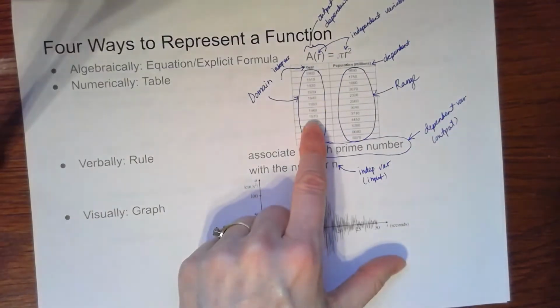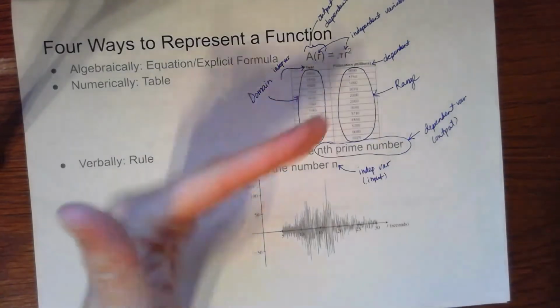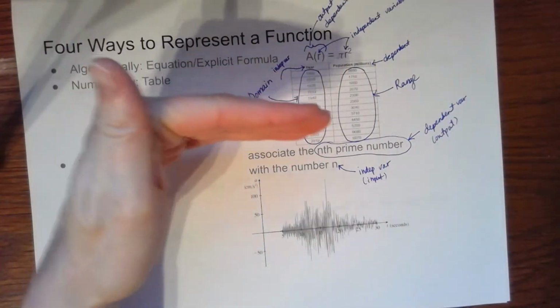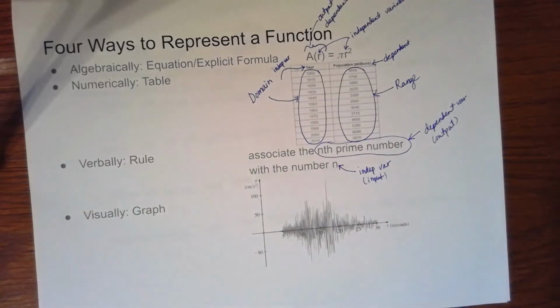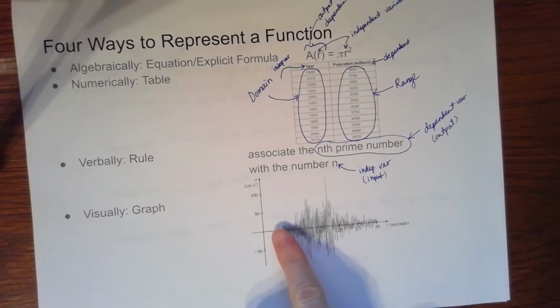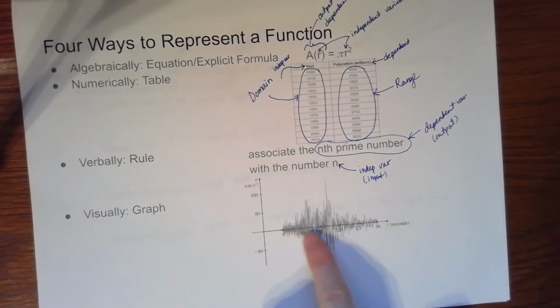Even trying to list it out in a table, you could maybe give some values discretely, but this is a continuous time lapse kind of thing. So even a table doesn't work very well, and trying to describe that verbally is very difficult. But you can record this kind of data in real time and the graph gives you all of the information.